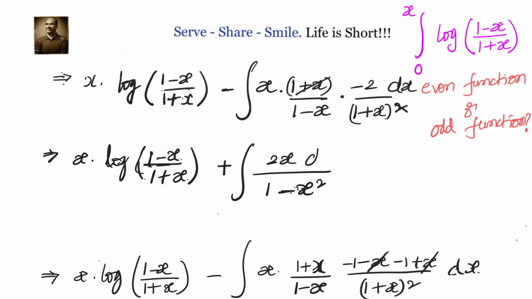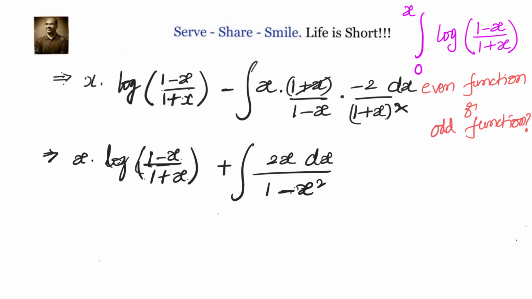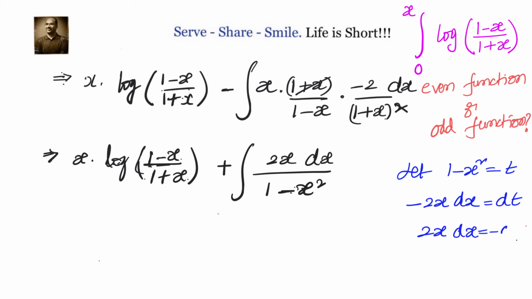Now we can take 1 minus x square equal to another variable. Then you can see that we have f dash x by f x form, so we can write log of f of x. So let 1 minus x square equal to t; minus 2x dx equals dt. That means 2x dx equals minus dt. So we have minus of dt by t, that is minus of log t.